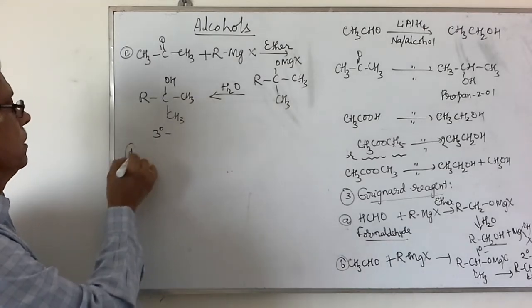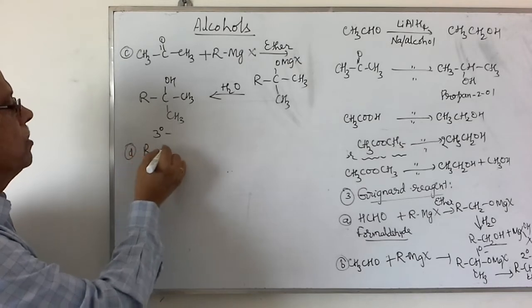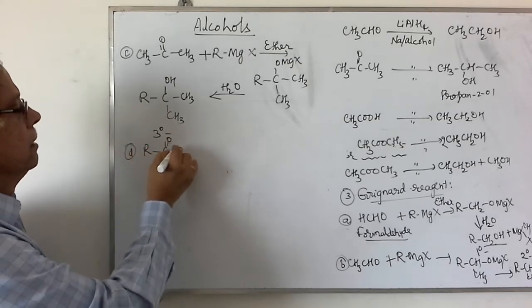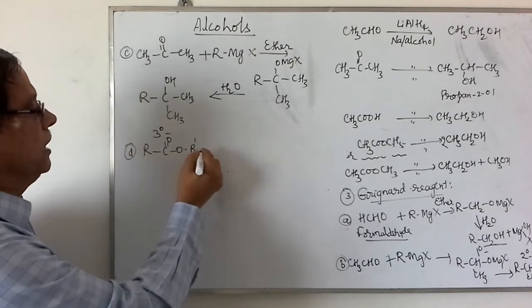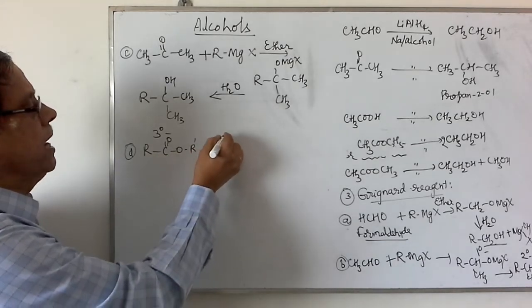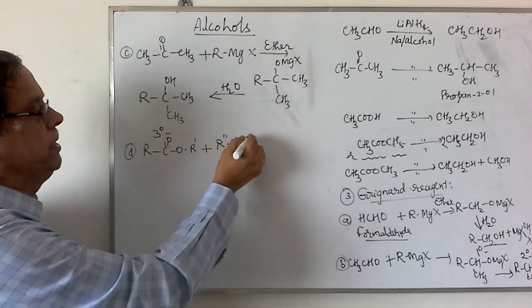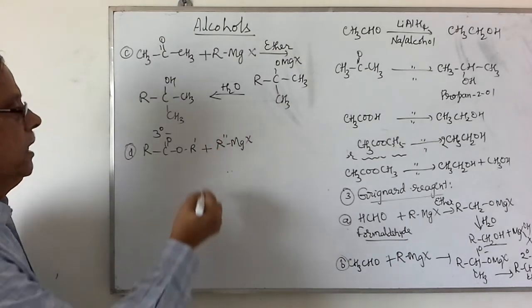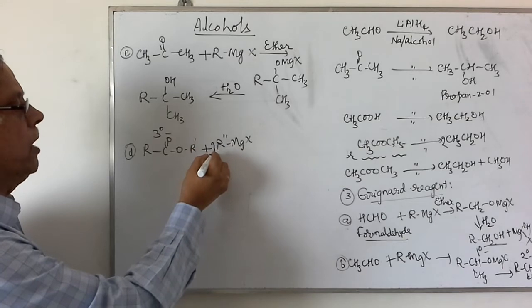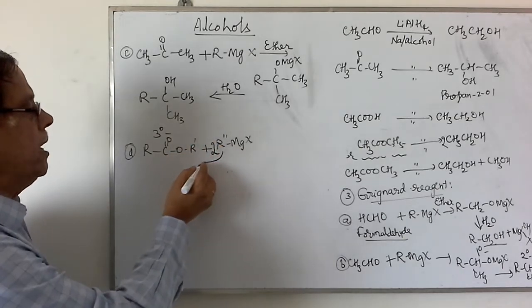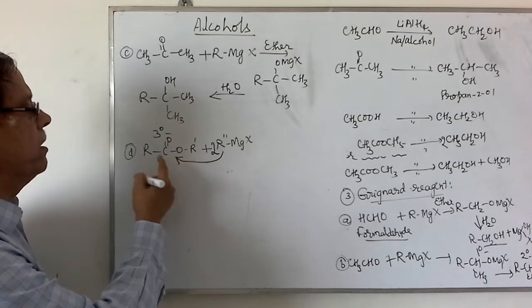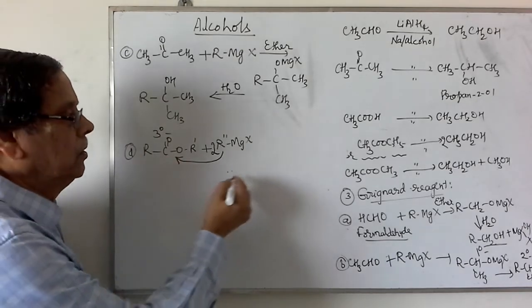One more thing: when you take a carboxylic ester, RCOOR', and treat it with another Grignard reagent carrying the alkyl group R'' MgX, it will react with two molecules of the Grignard reagent, so that two alkyl groups of the Grignard reagent add on to this carbon oxygen double bond.